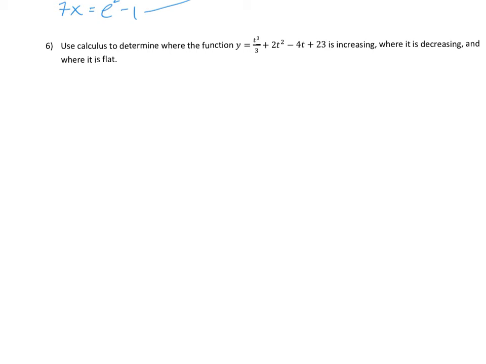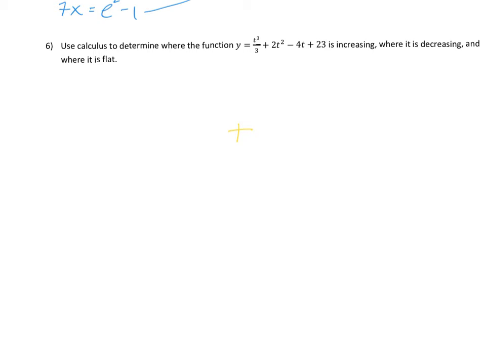So you can pick any number to the left of negative 4.83 and we'll plug it into y prime, right? Remember, y prime is this. Okay, so I'm going to plug in like negative 10. If I plug negative 10 into t squared plus 4t minus 4, I'm going to get 100 minus 40 minus 4, so that is positive.